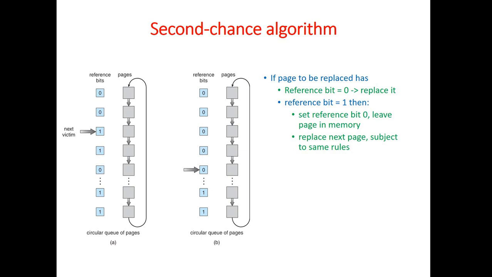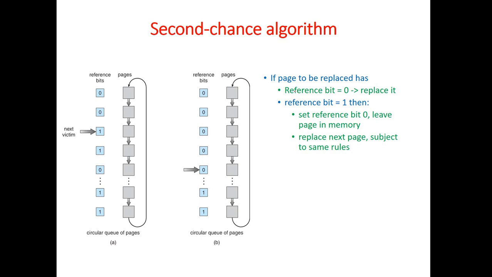Next algorithm is the second chance algorithm. According to the second chance algorithm, a reference bit is maintained by the page table for each page stored in the physical memory.